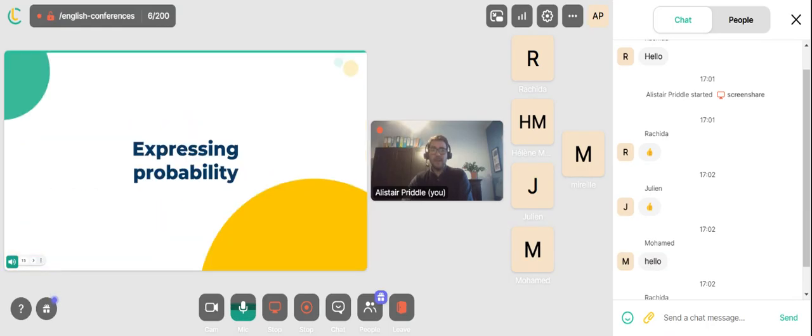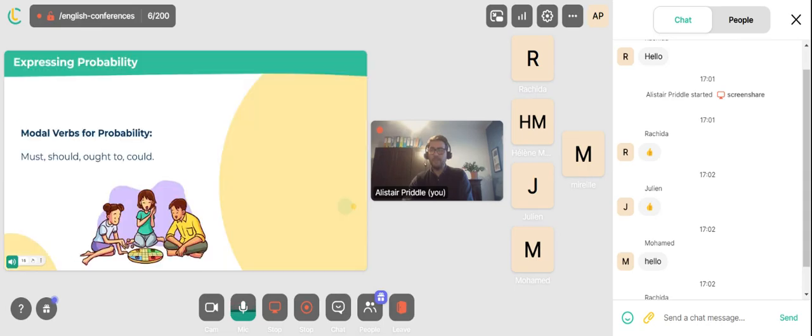Okay, well, let's think about the next function here, which is probability, expressing probability. Modal verbs for probability: must, should, ought to, and could.